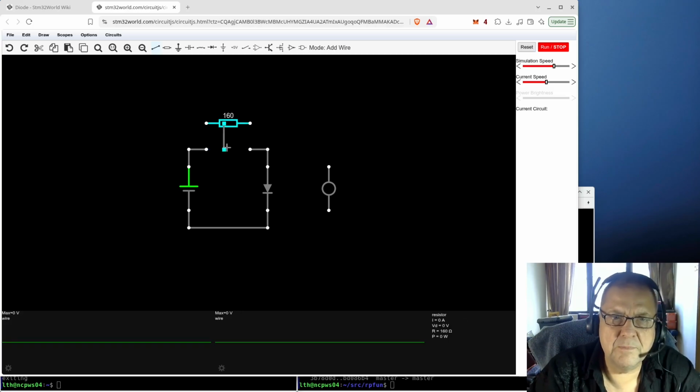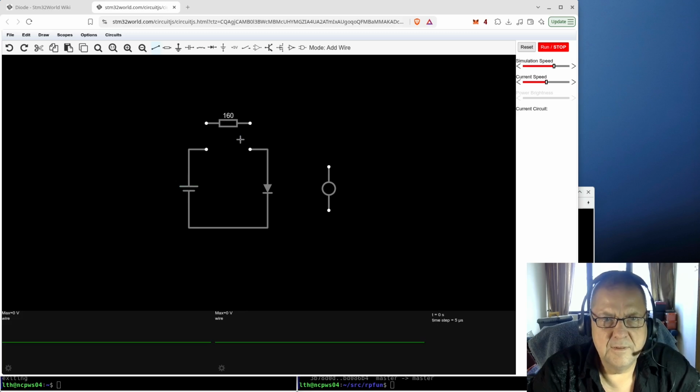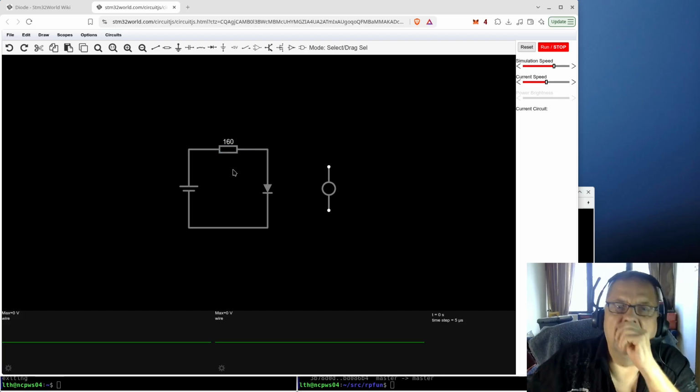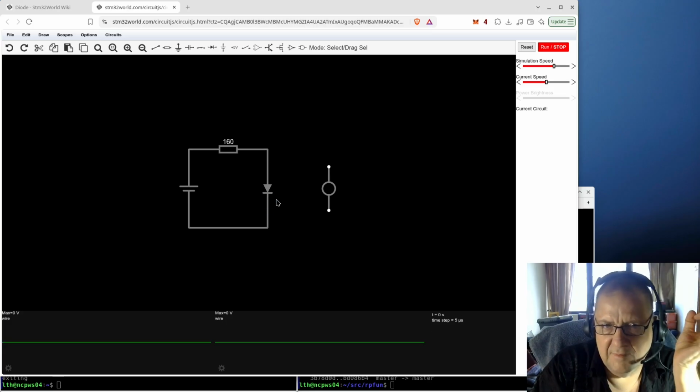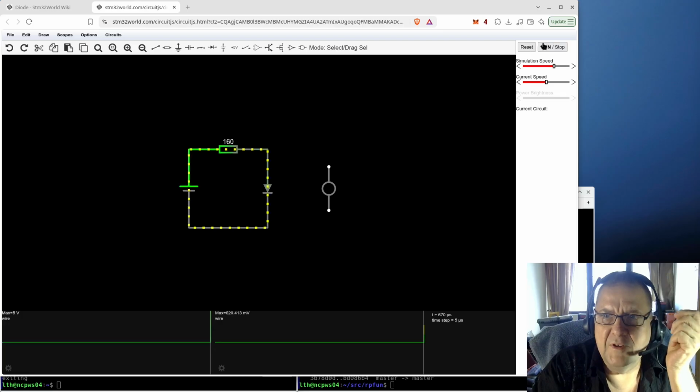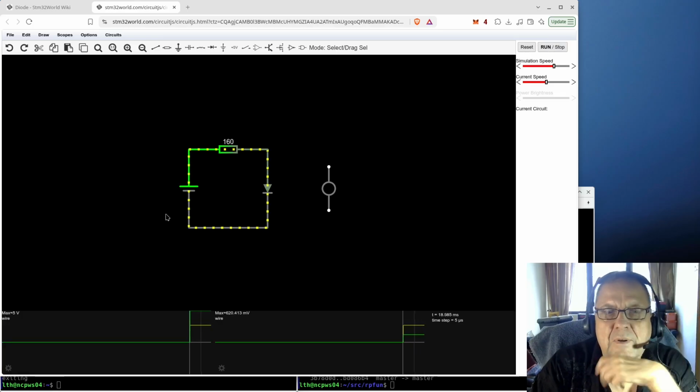So you must put a resistor in series in case the current can get too high, because these diodes have a maximum current that can flow through them. So if we try to run it now, you can see that a current will flow through it.